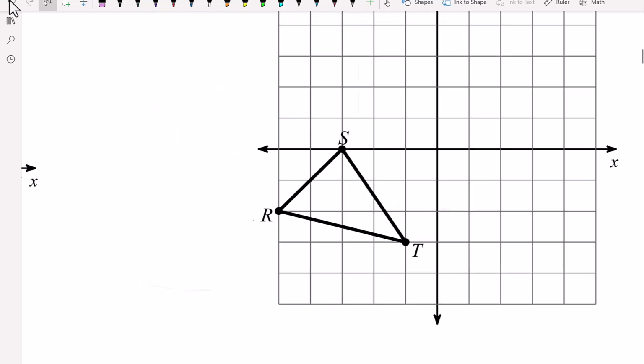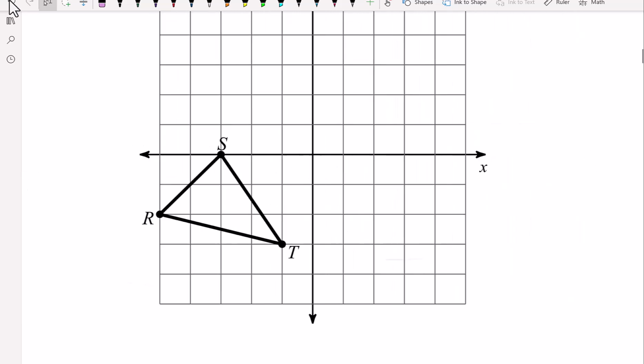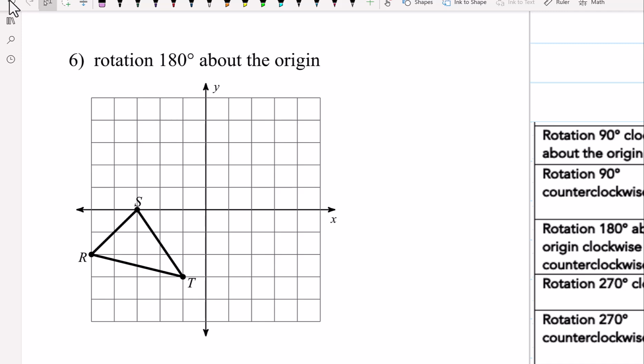So let's start with the r. So the r is -5, -2. And remember, you swap the x's and the y's, and whatever's now in the new x location, you're going to multiply that by -1.